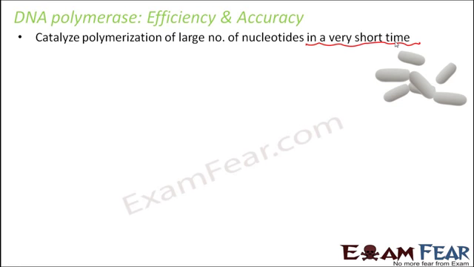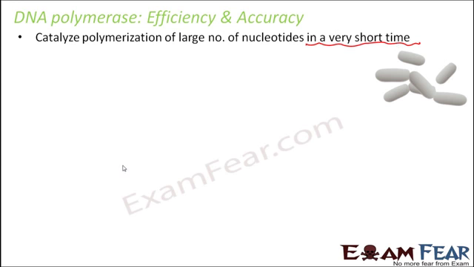What is its job? Its job is to polymerize the nucleotides, that is, to create more base pairs. So how many base pairs does it create per second? That would be known as the rate of polymerization or the rate of replication.